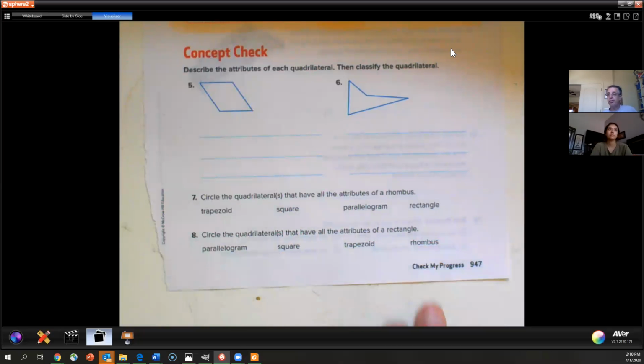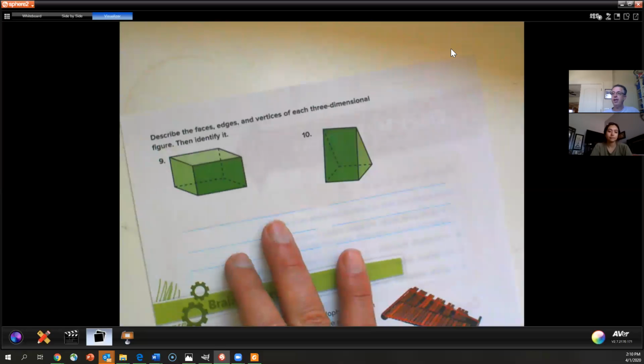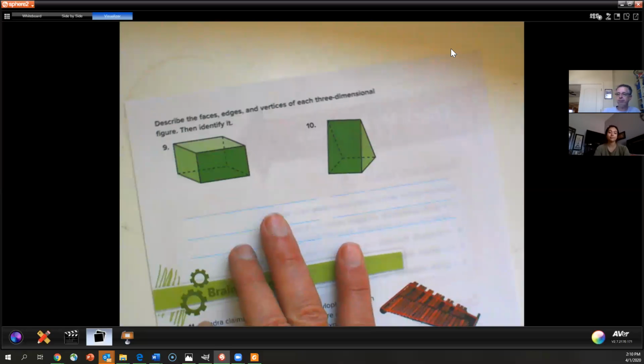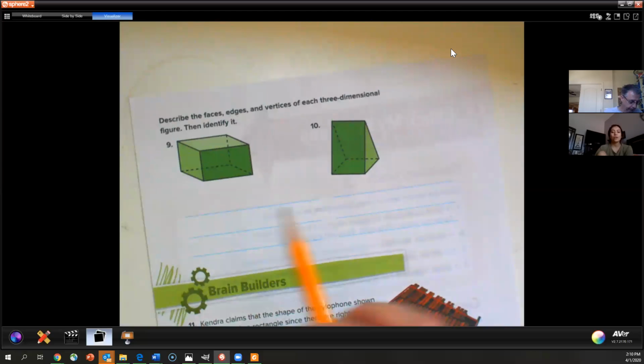We're going to go ahead and turn to the back page. There are going to be 2 pages to this. And then, Ms. Garcia, you want to tell them about what we're going to be doing here for 9 and 10? Yeah, so for number 9 and number 10, you are going to describe the faces, which are the sides, the edges, which is where 2 faces meet one another, and vertices. And remember, vertices is just the plural way of saying a vertex, and that is where 3 faces meet.